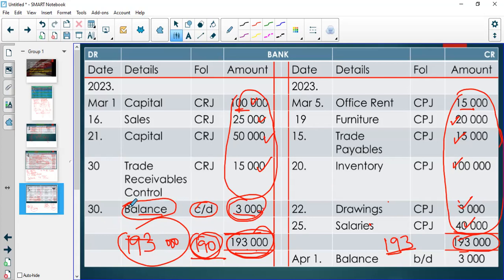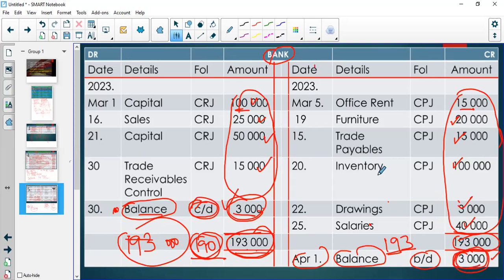So if the balance carried down or the balancing figure is on the debit side, then the following month, April 1, is referred to as a balance brought down on the opposite side. Because it was on the debit, it's now on the credit, right? To say that our bank balance brought from last month is an overdraft of 3,000.